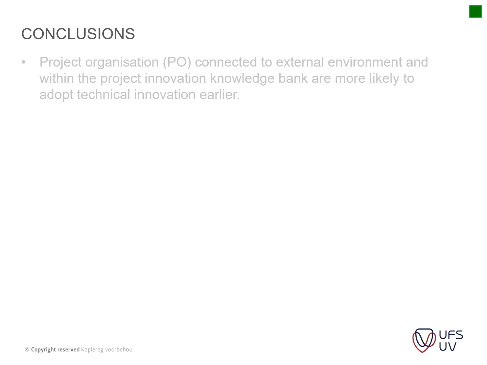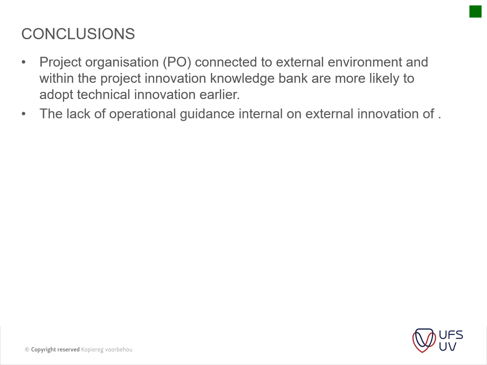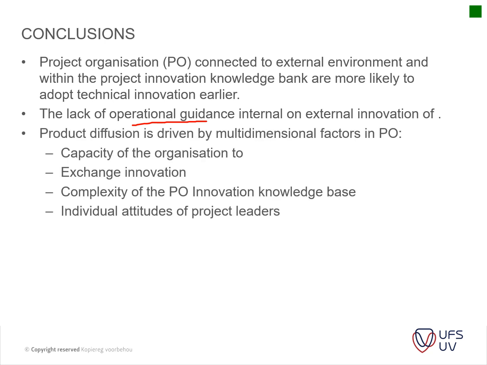Then the final conclusion is that project organizations connected to external environments and with a project innovation knowledge bank are more likely to adopt technical innovation earlier. The lack of operational guidance, internal or external, on how to adopt innovation is a bit of a challenge. And then the product diffusion is driven by multi-dimensional factors.